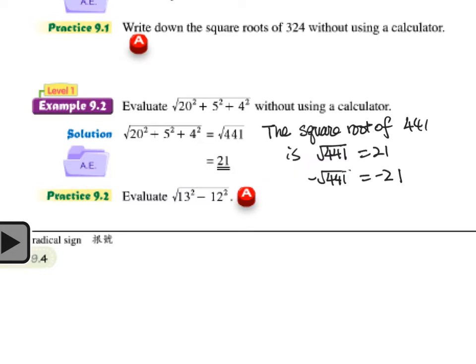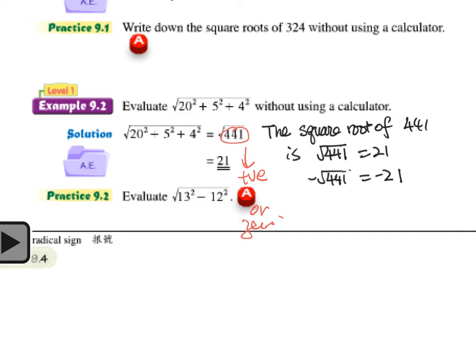Yes, the square root of 441 could be 21 or -21. But when you use this radical symbol, they only show the positive answer. Inside this one, it only shows the positive or 0 as the answer.